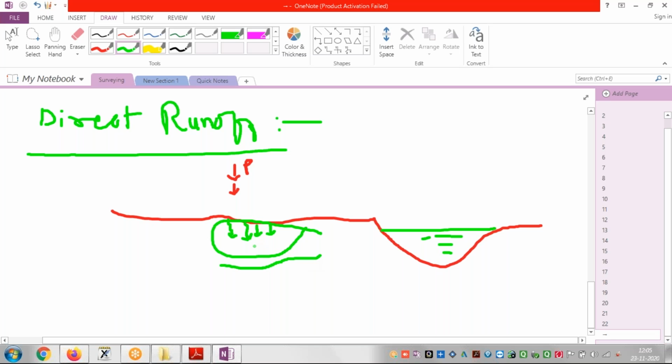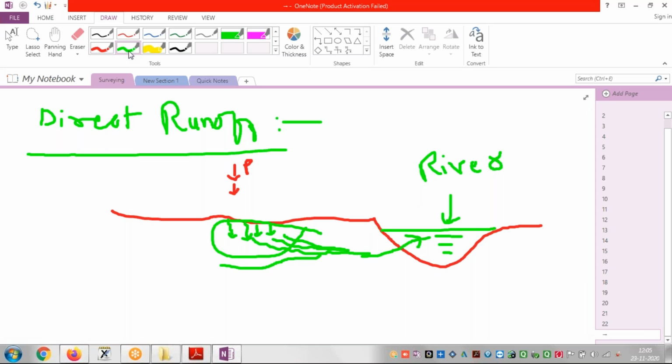This water will travel slowly and come here, and the whole water will meet this river. This is my river. So this water will meet the river, and this is called direct runoff.